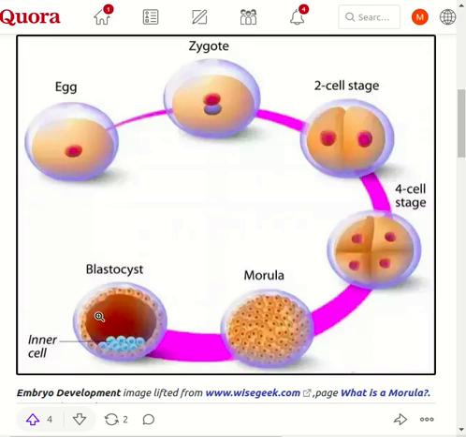Very good. What are the features of a blastocyst? You can already see that it's going to form the tissues and the organs of the embryo, and the outer layer will become the placenta. Very good.